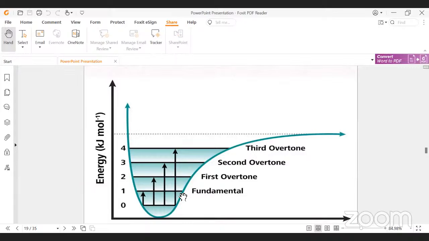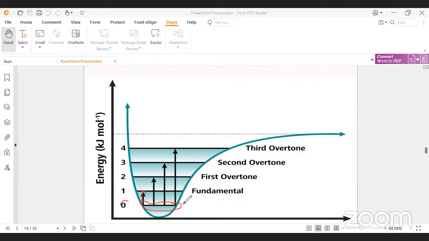For example, the transition from V0, the ground state, to V1.